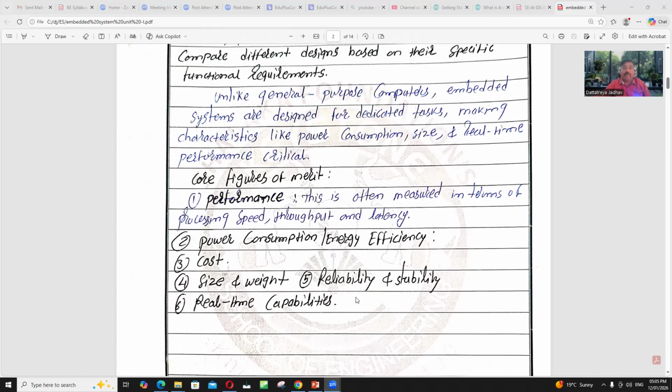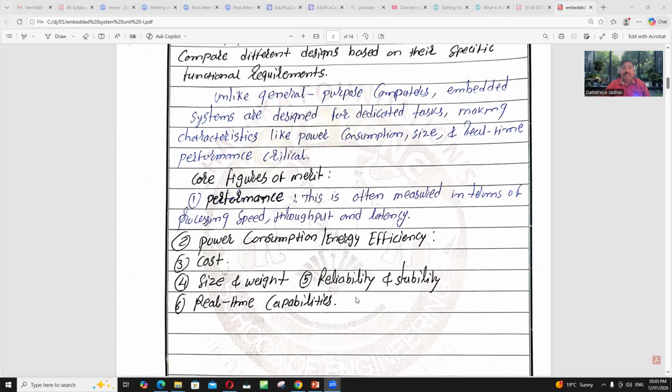Next, there are a number of such cases. A simple example in daily life is an automatic water tank fill-up with motors turning on and off. When the water level decreases below a certain level, the motor should turn on. After filling, at a certain level, the water motor should turn off. So it is a real-time operation.